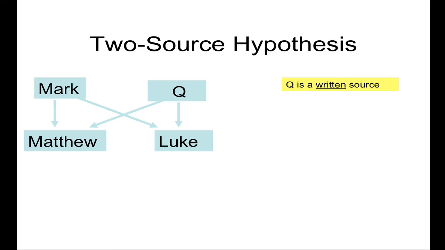It is not completely bulletproof. There are things that it does not explain well. But it is reasonable to think there were written and oral traditions in Greek. Written traditions of Jesus' sayings, and they circulated in Greek. That's almost certainly the case.